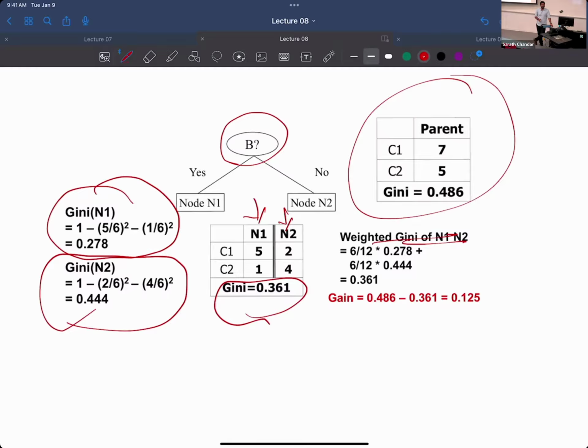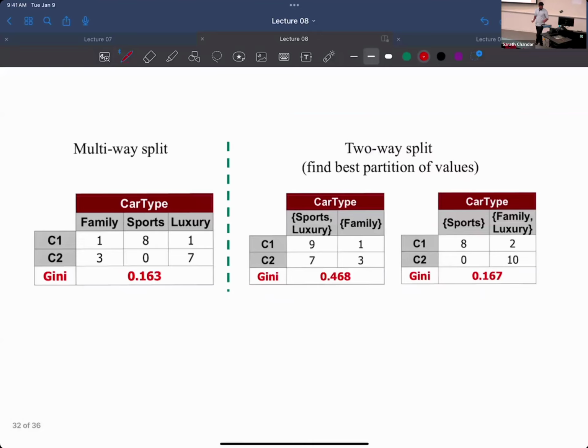Is that clear? Now you can also use this to decide whether you want to do two-way or multi-way. Okay, so for example, in this car type example, right? So there are three possibilities. Either I do multi-way split or I do the two-way splits, right? I can actually compute the Gini for all the three and find what is the best. So for this particular problem, I think this is going to be the best, right?